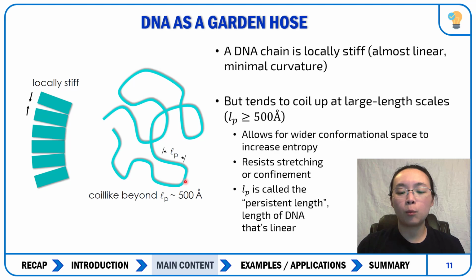The value or threshold that we looked at was 500 angstrom, which is not something you have to remember, but it's there to let you know that there are parameters that are commonly used when you're modeling. From there, instead of looking at persistent length LP, we just looked at a segment of DNA to see if it's linear or not.